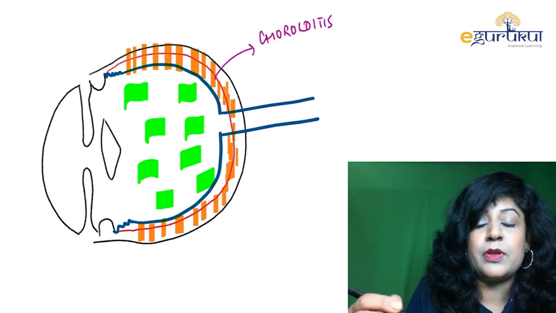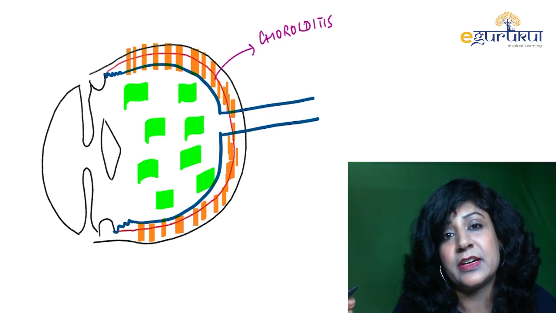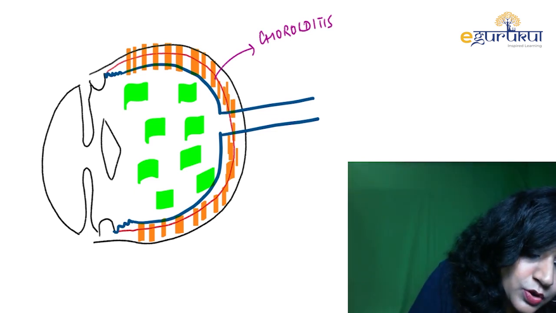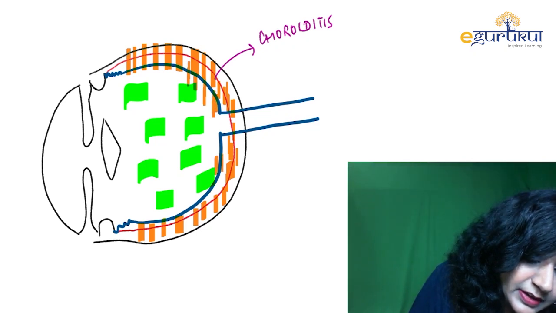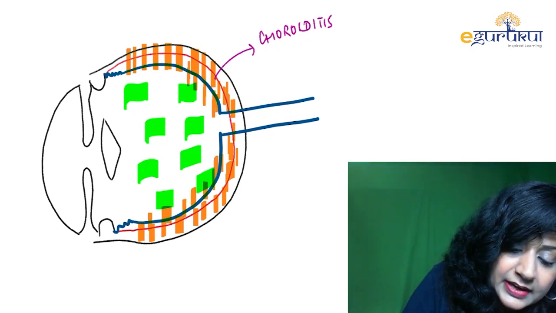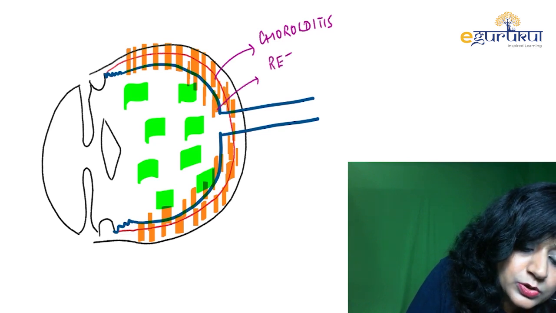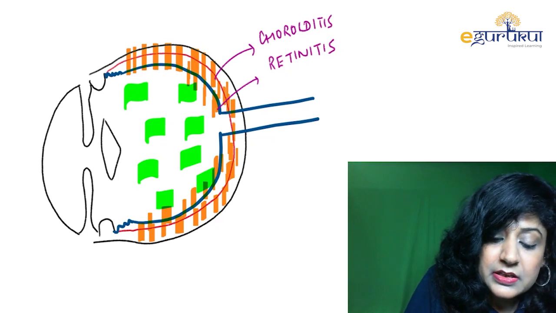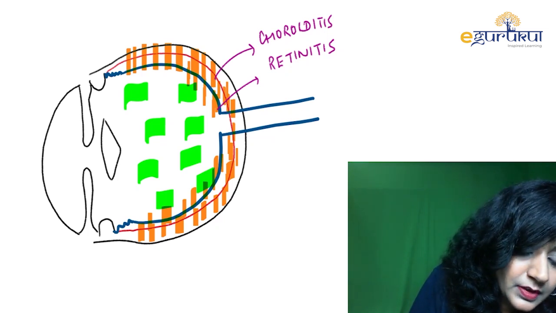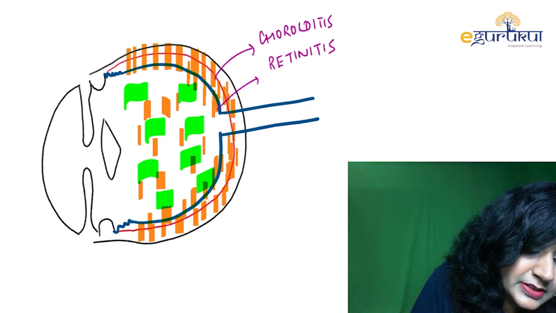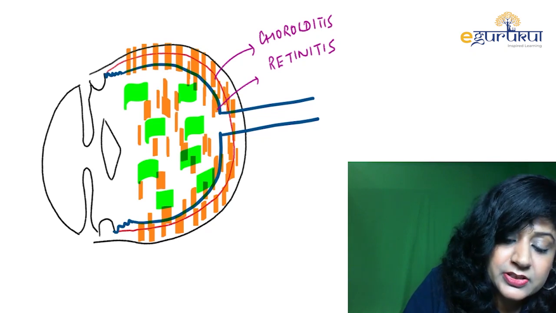Then from this inflammation, you know that the outer layers of the retina depend upon the choroid, so it is also going to the retina. Okay, so I can have what you call as the retinitis. This patient can also present with the retinitis. From the retina, it can go to the subretinal space, it can go to this vitreous cavity also.